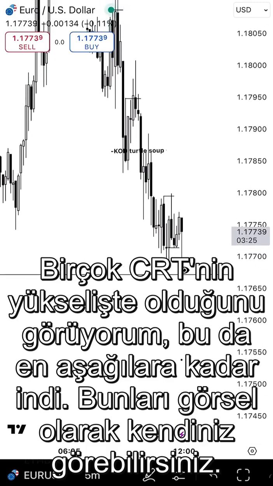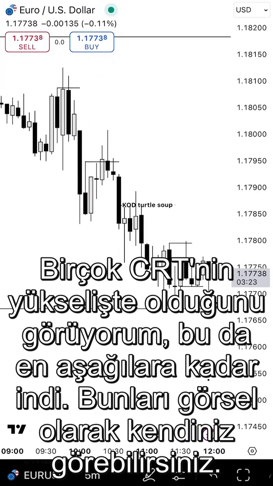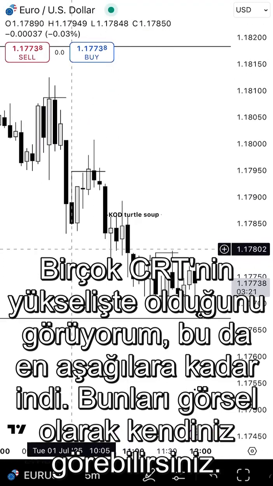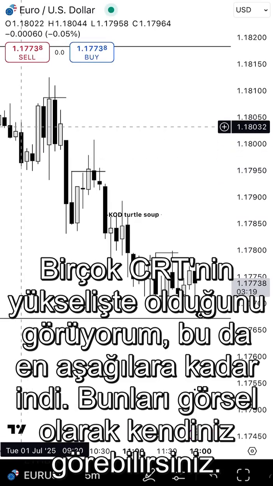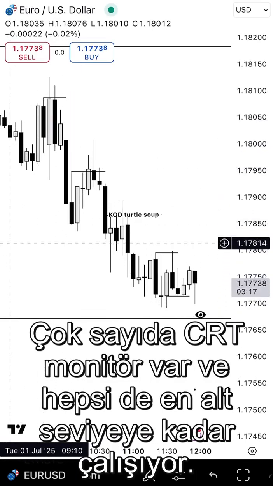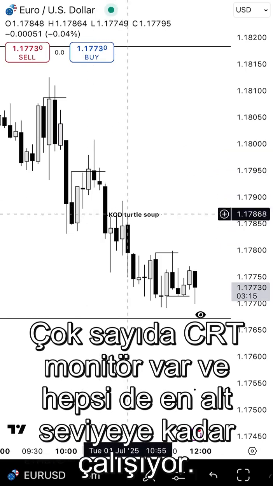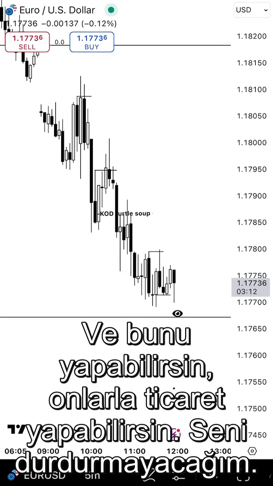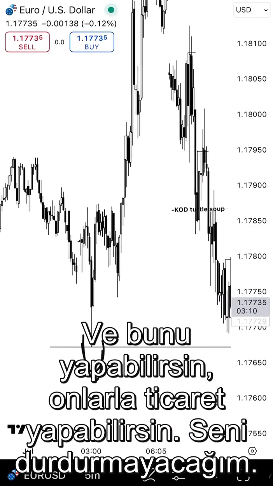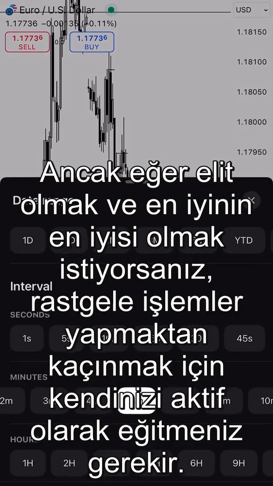Now see, there are many bullish CRTs which worked all the way down. You can see them yourself visually. You can trade them. I'm not going to stop you.